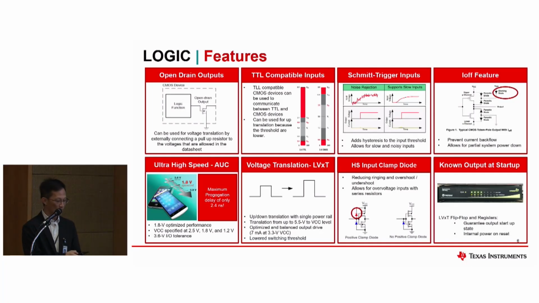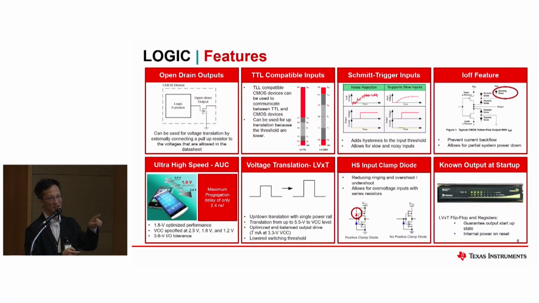So next, I'll move on to some of the standard logic features that we have with TI. A very standard feature is the open drain output, and the second one is what I call TTL compatible. So when you come across the TI part number AHC followed by a T, the T tells you it is TTL compatible. And of course we also have the Schmitt trigger inputs.